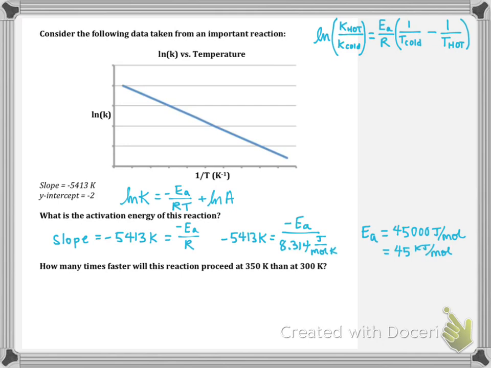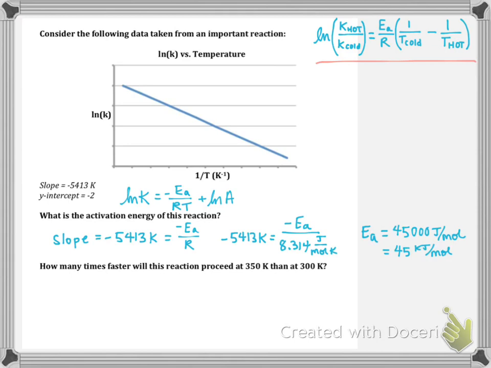So then it asks us how many times faster the reaction will proceed at 350 Kelvin than 300 Kelvin. And so I've written up here in the corner a form of the Arrhenius equation that lets us see the impact on rate as we change temperature.